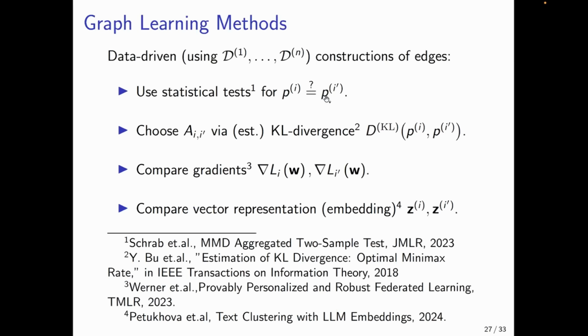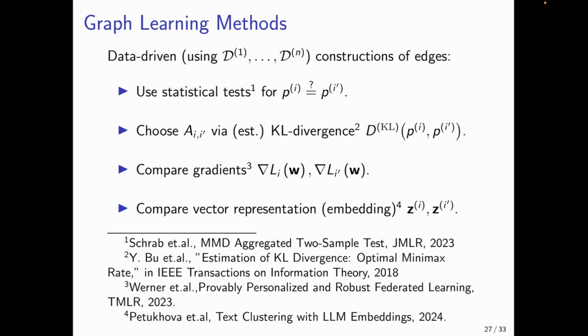We can use statistical tests. We can try to test if one local data set is sampled from the same distribution as another local data set. I guess this is one of the mothers of statistical testing problems: you have two data sets and want to know, are they drawn from the same distribution?